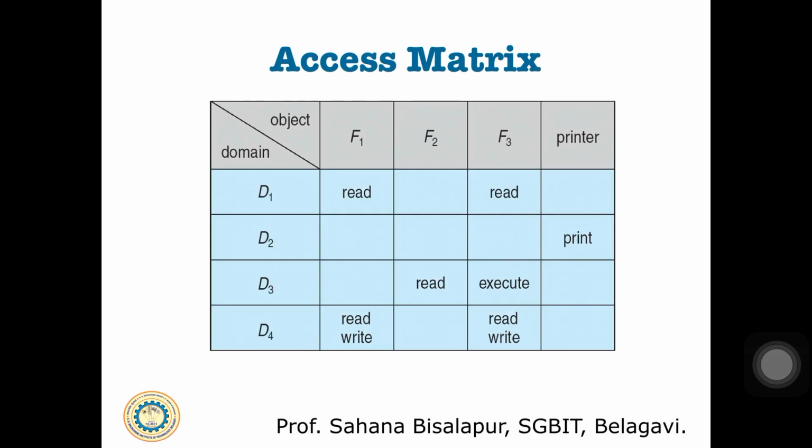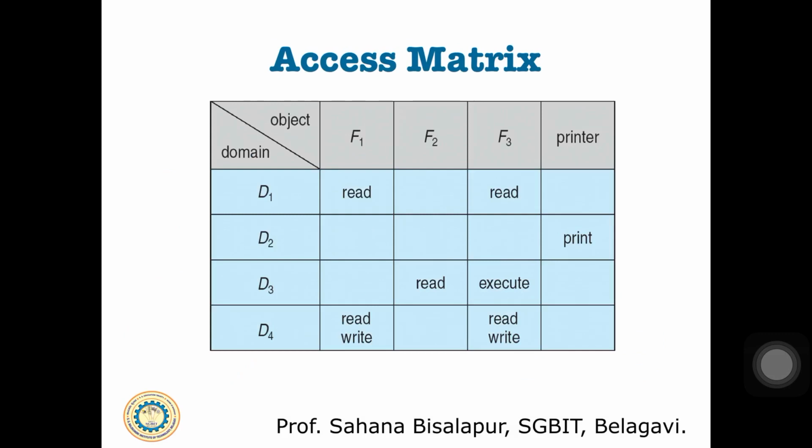Here we have 4 domains and 4 objects. The objects are F1, F2, F3, which are files, and one printer. And we have 4 domains, D1, D2, D3 and D4. As you can see, the domains are represented in rows and the objects as columns.